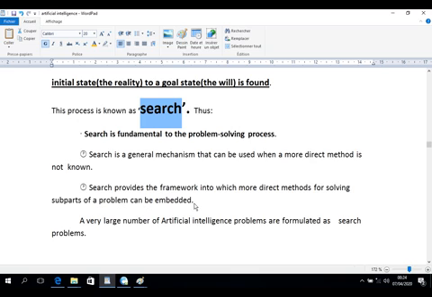So when there is a problem and you don't have a direct method to solve it, what do you do? You go through the search process. You search for the solution. Search provides the framework into which more direct methods for solving subparts of a problem can be embedded.